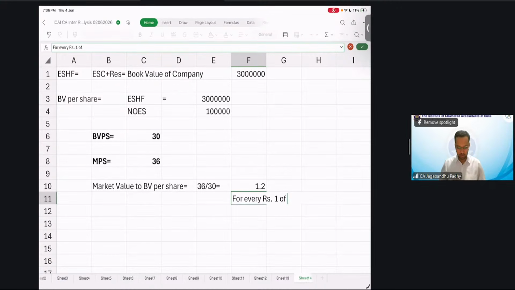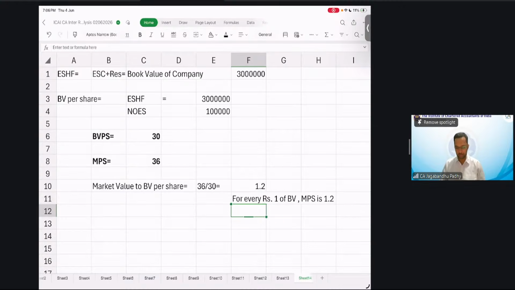It simply means for every 1 rupee of book value, the market price per share is 1.2. Or I can say the market price is 1.2 times the book value.